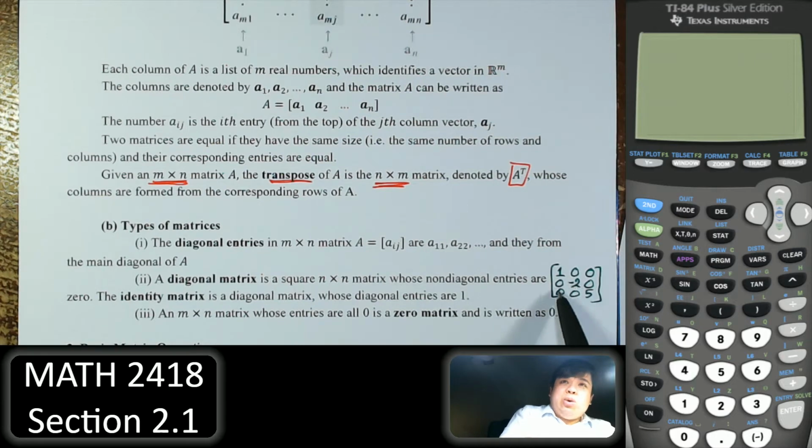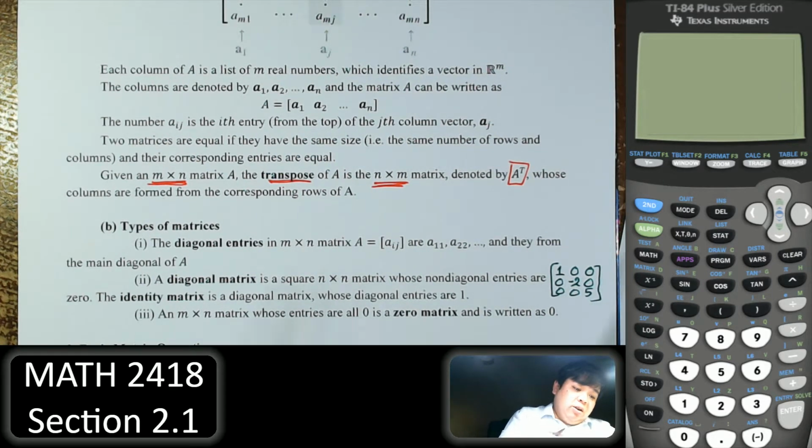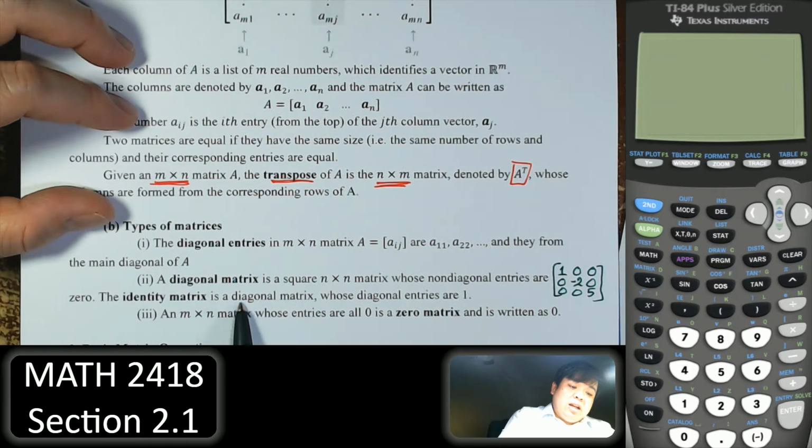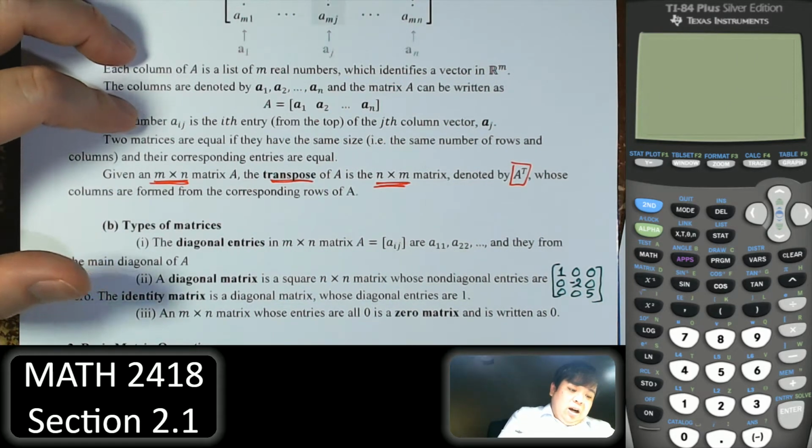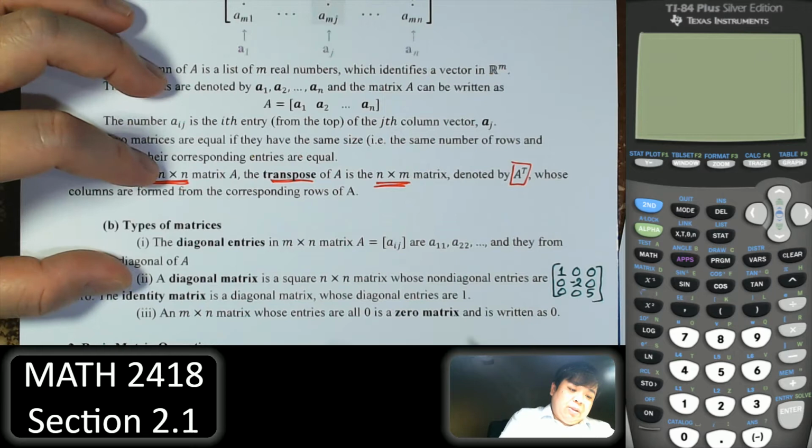Of course, we can still have 0 in one of those diagonal entries, but everything other than the diagonal has to be 0. The identity matrix is the diagonal matrix whose diagonal entries are all 1.